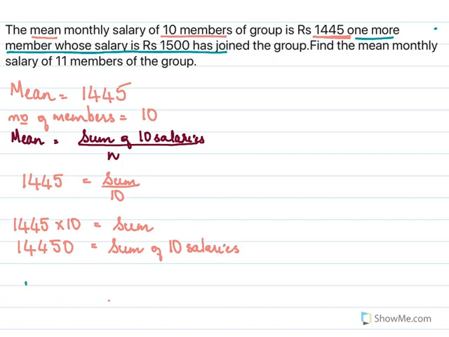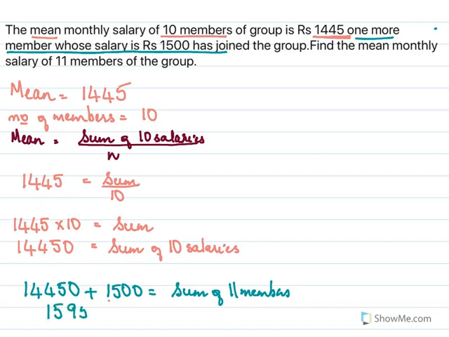So now we add 14450, that is of 10 members, and we add 1500. Now we will get the sum of 11 members, which is 15950.